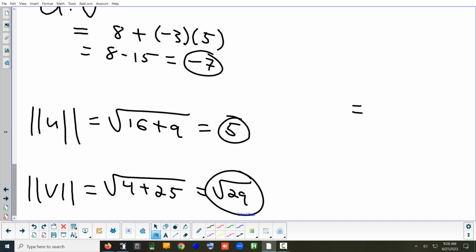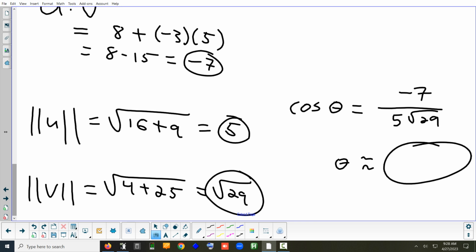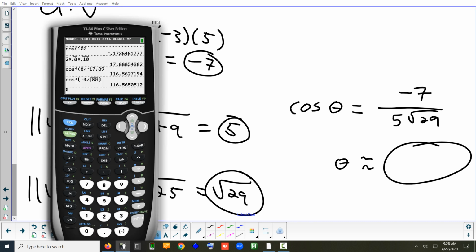What goes on the left side of the formula that I just gave you to find the angle? Cosine of the angle equals dot product goes in the top, product of the magnitudes goes in the bottom. And how do I get rid of the cosine? Inverse cosine.